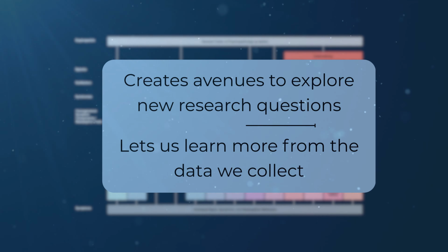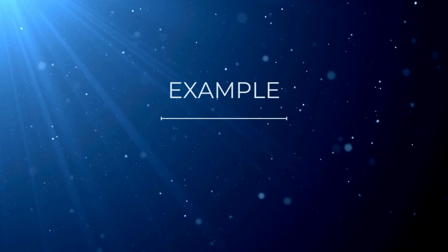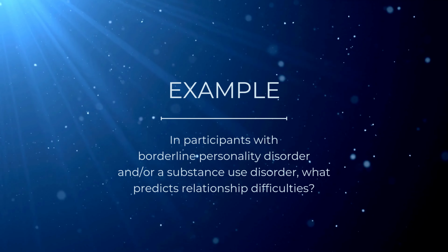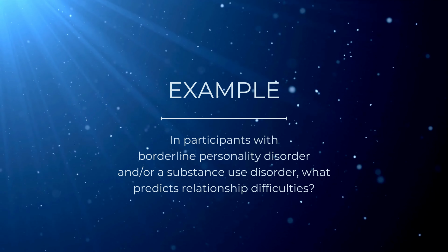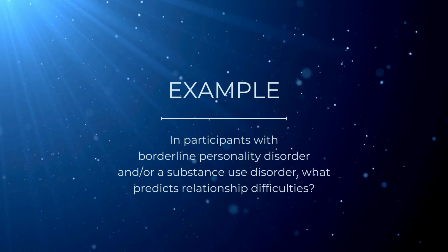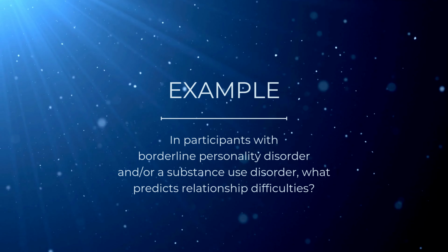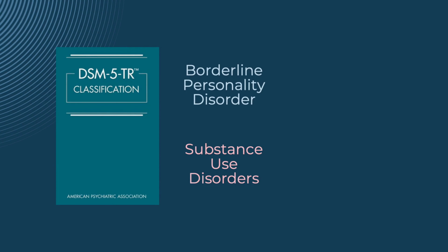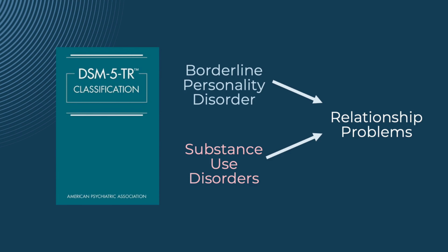For example, imagine we are conducting a study in participants with borderline personality disorder and/or a substance use disorder to understand what predicts relationship difficulties. In a DSM framework, the focus would be on determining whether either or both of the diagnoses have unique associations with relationship problems.